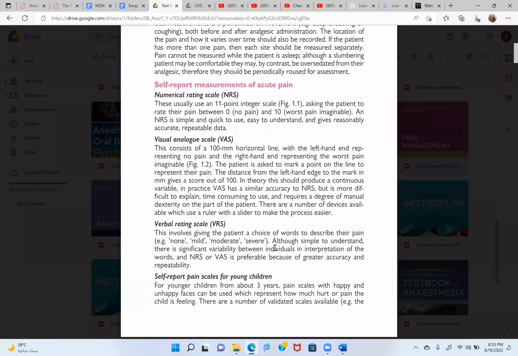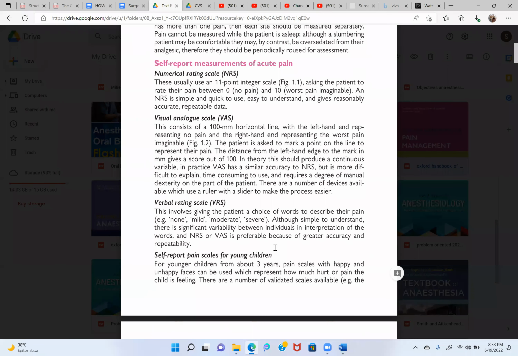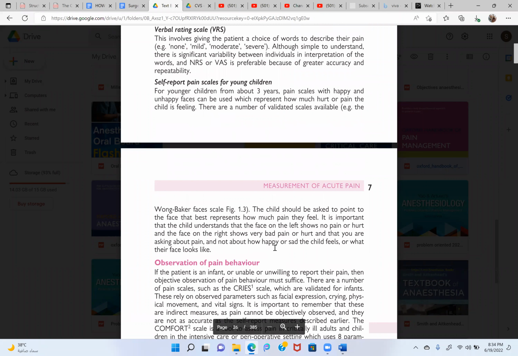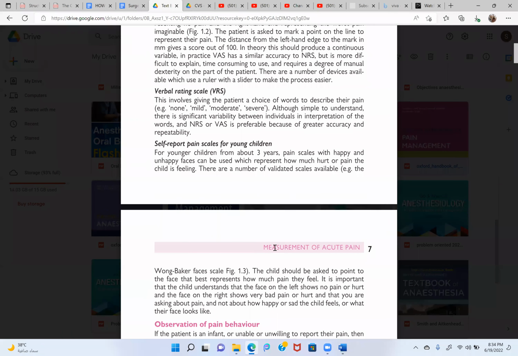None, mild, moderate, severe. Okay, so you just recall the names, but before answering, you will be evaluating the patient, and on the basis of clinical features, you will be able to assess the severity of pain. Then in children, the face will tell you a lot. The patient is crying or not crying.